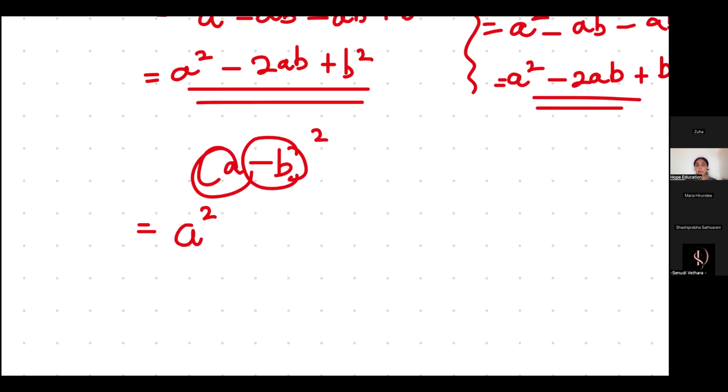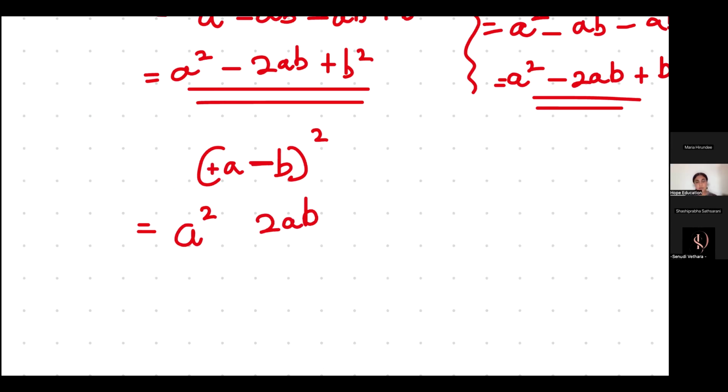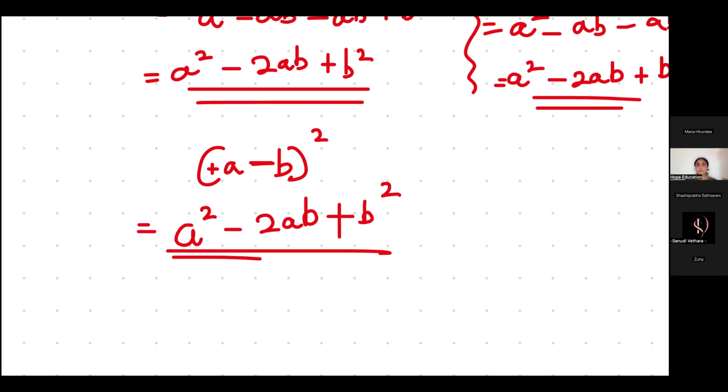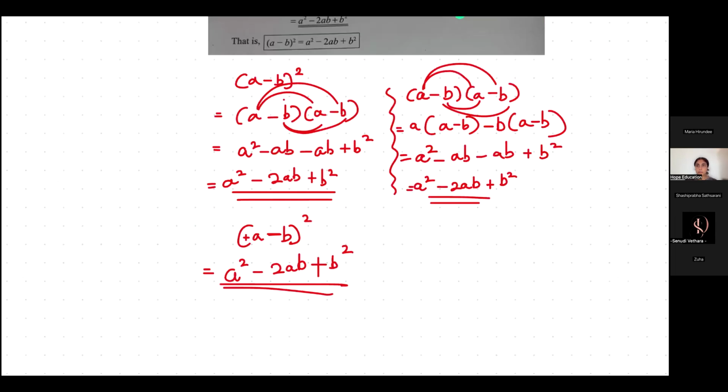A multiplied by b is ab, ab multiplied by 2 is 2ab. Let's check the sign: plus multiplied by minus is minus. Next, take the square of the second term. The second term is minus b, and its square is b squared, since minus times minus is plus. So this is the shortcut for finding this instead of going through the entire calculation. Is this clear to all of you?